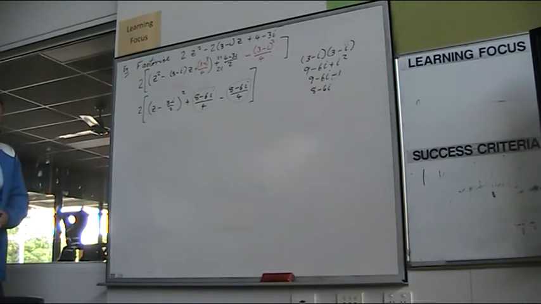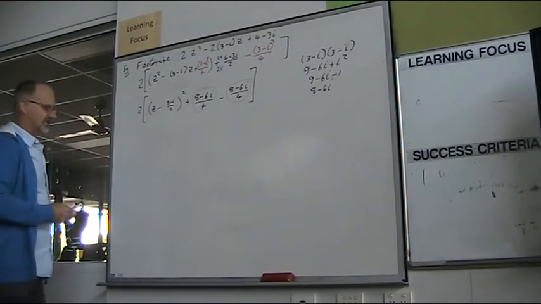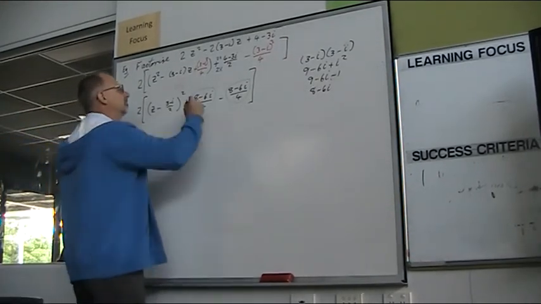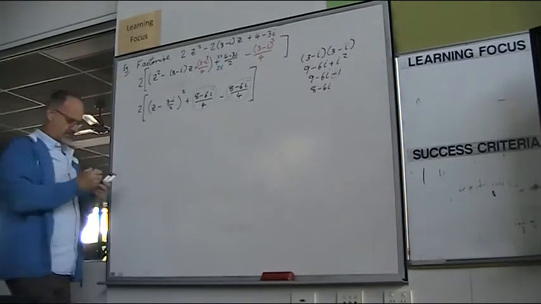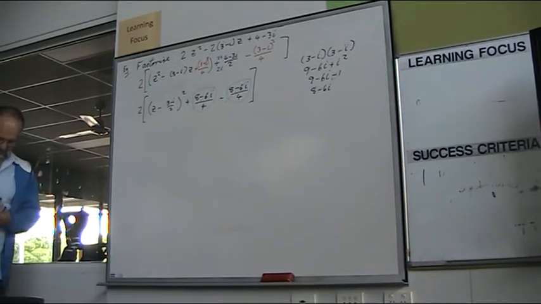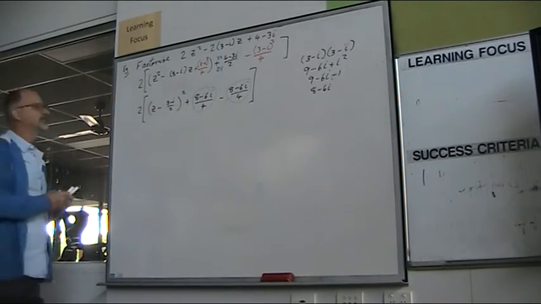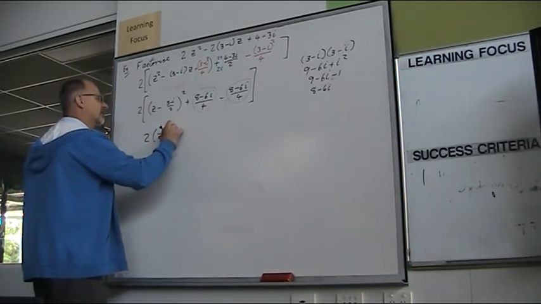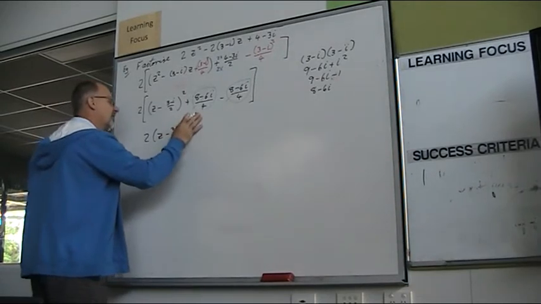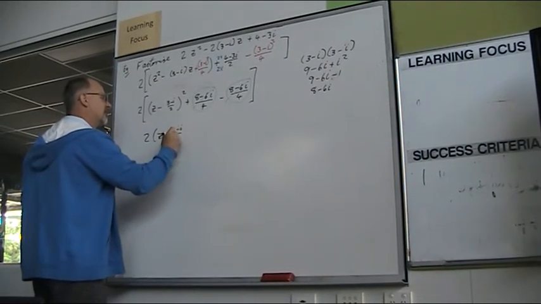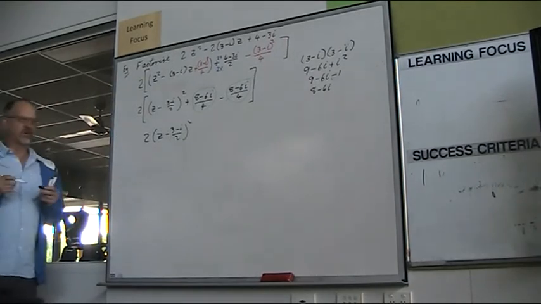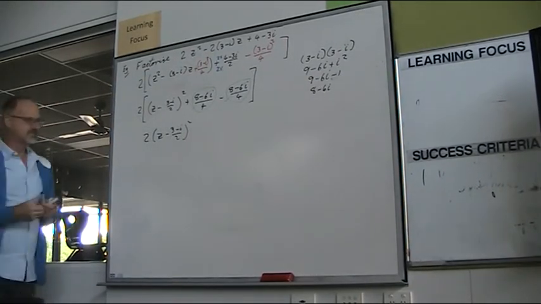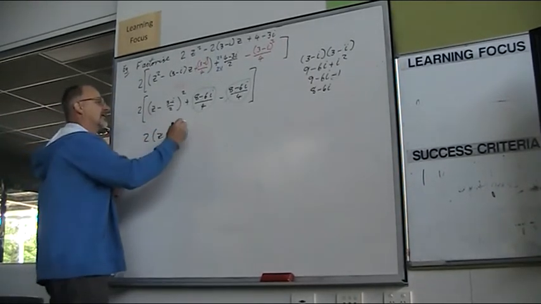So my final answer then, there they go. Those square brackets, now not necessary. So my final answer is (z minus (3 minus i) over 2) squared.